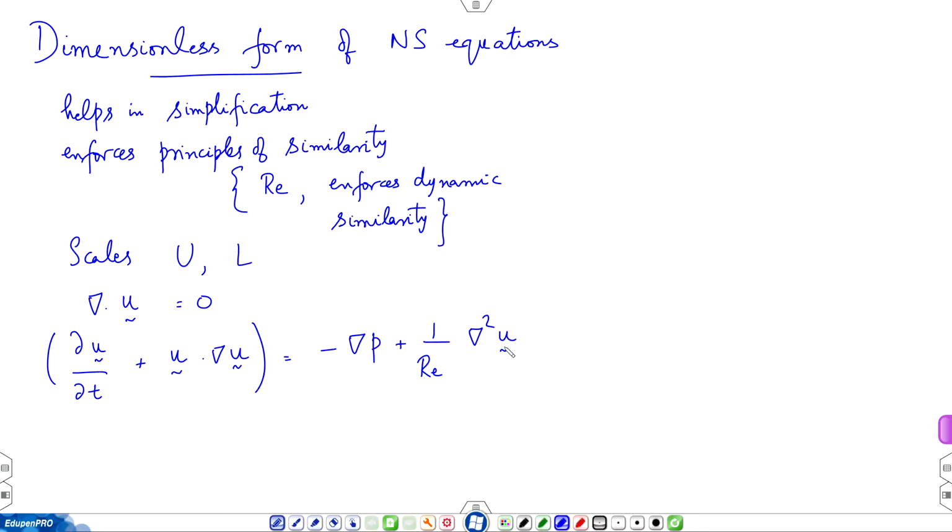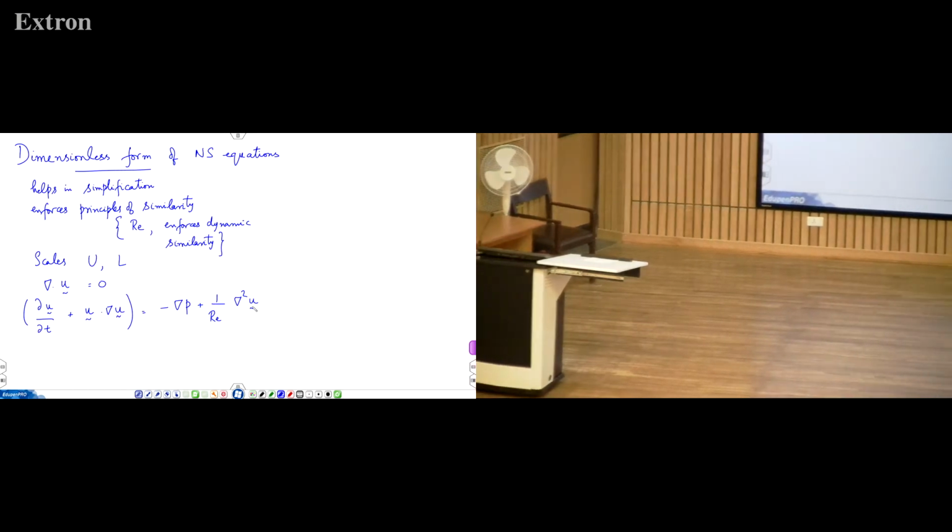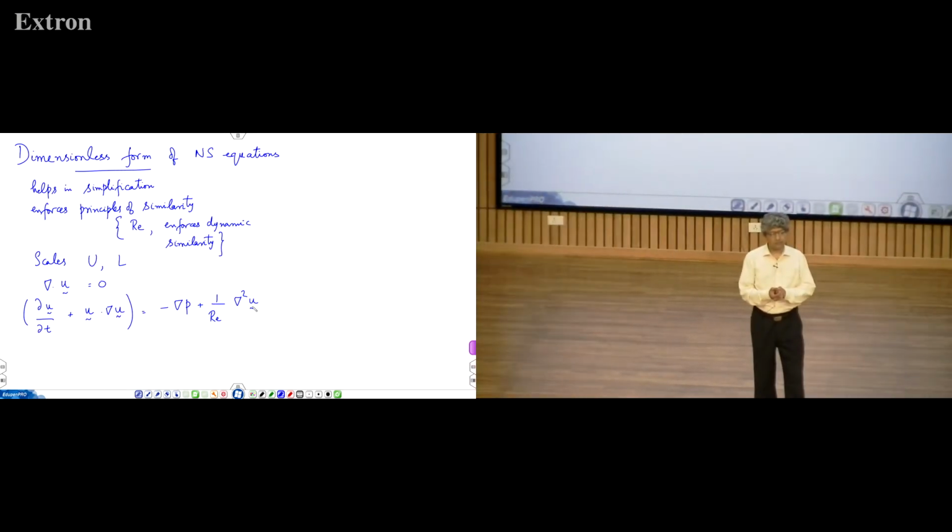You may remember from your mathematics courses that in Cartesian coordinates you get sines, cosines as the basis function, and you get Bessel functions in cylindrical coordinates, Legendre polynomials in spherical coordinates.